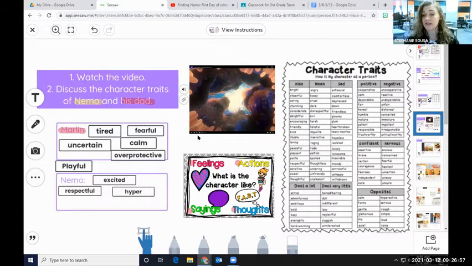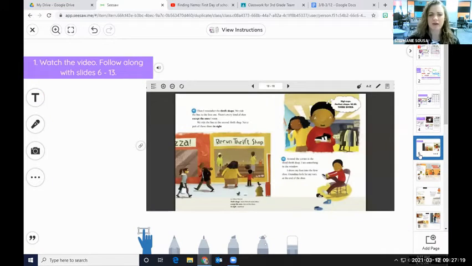He didn't even let his son try to solve his own problem. He just did it for him. So overprotective is a word that we can use to describe that. Wow, guys, look at you. In the past, I've had third graders just give me these boring words up here like mean, sad, nice, but you guys are looking at the synonyms, going deeper, using your creative imaginations. I love it. All righty, that takes us to slide 5.